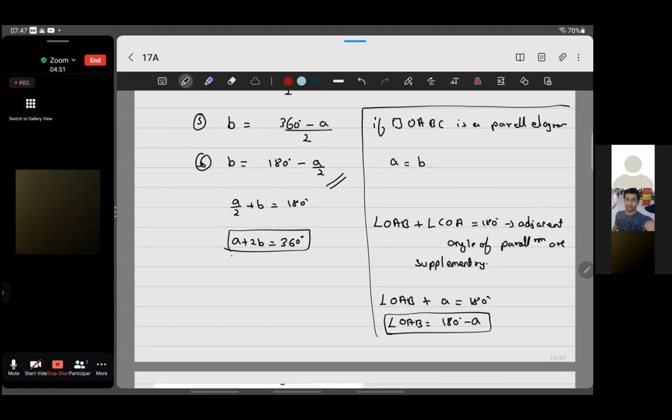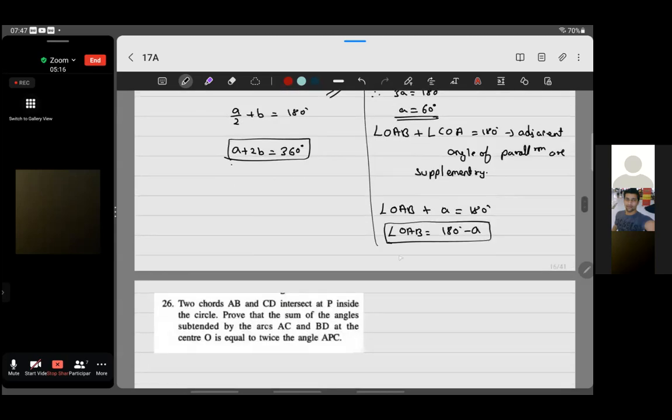A will be equal to B, right? तो इसमें सब्स्टिट्यूट करना पड़ेगा 3A equal to 180 degree, therefore A equal to 60 degree. So angle OAB is equal to 180 minus 60, 120 degree.